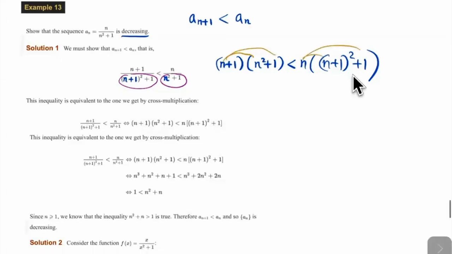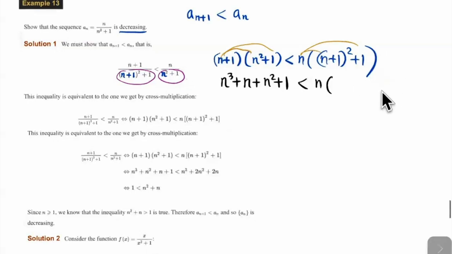So distribute over here, and what do you get? You get n cubed plus n plus n squared plus 1, less than n times... Now, we haven't done a lot of algebra, so this is a good time to do some. This one here, we use a perfect square.